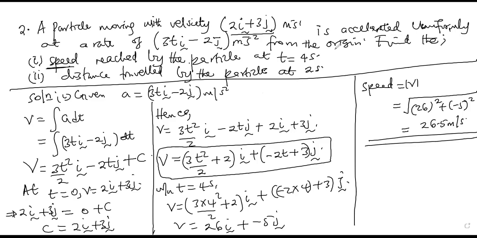Since it was from the origin, it didn't mean that the displacement at the origin was 0. Okay, so the velocity is equal to (3t squared over 2 plus 2) i plus (negative 2t plus 3) j.